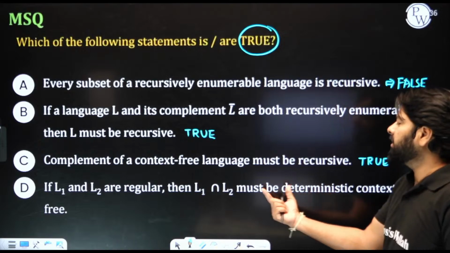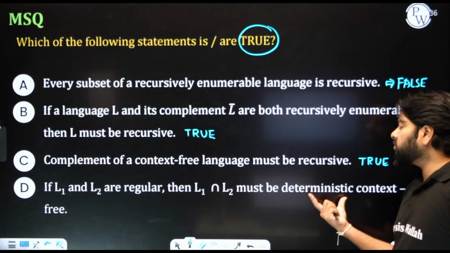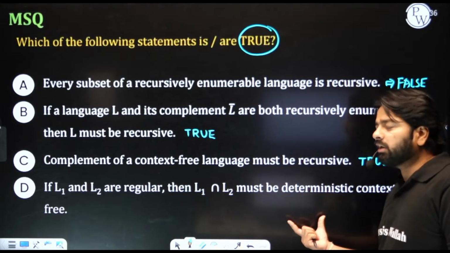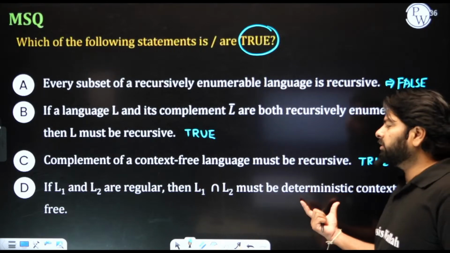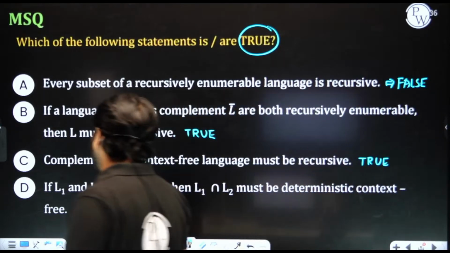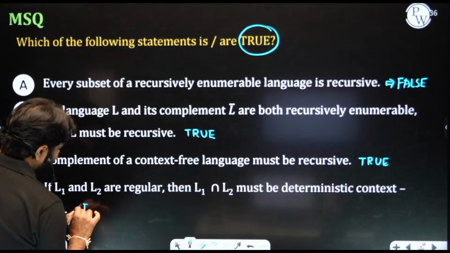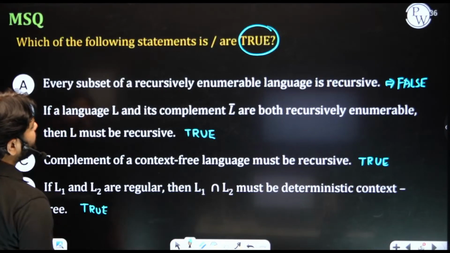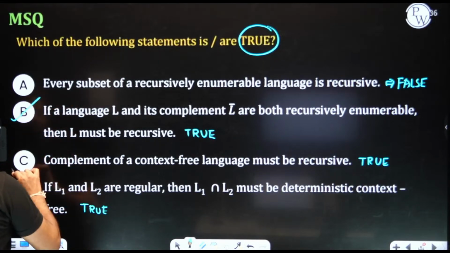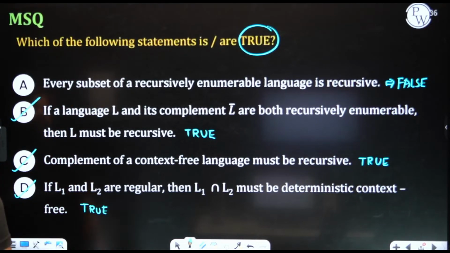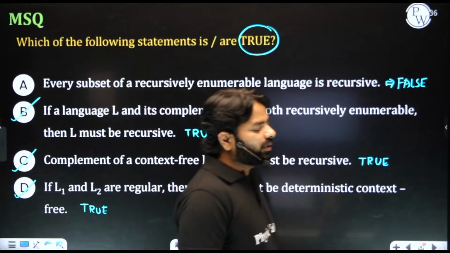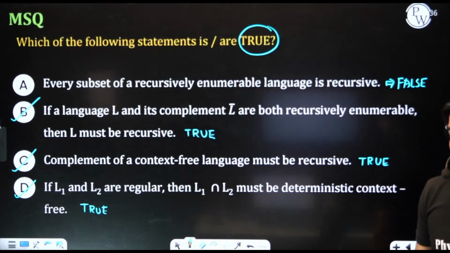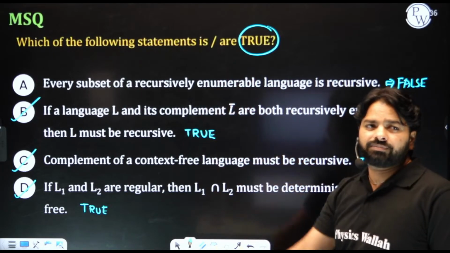In fact, it must be regular, but instead they mention deterministic context free. That is also true because every regular is a DCFL. So what are the correct statements here? B, C and D are true statements, and only the first option is false.